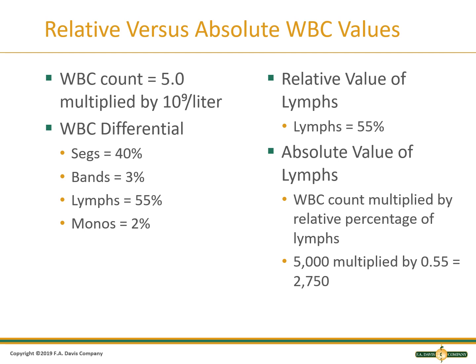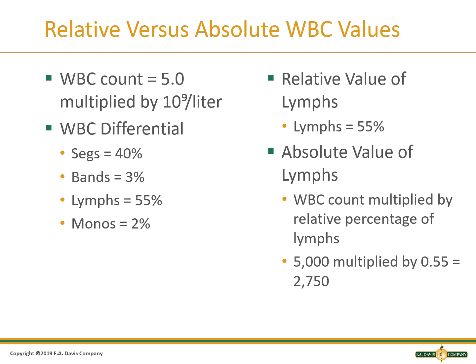For instance, if the white blood cell count is 5.0 multiplied by 10 to the 9th per liter, and you have a white blood cell differential of 40% segs, 3% bands, 55% lymphs, and 2% monos. So your lymphs are at 55%, but to determine the absolute value of the lymphs, the white blood cell count is multiplied by the relative percentage of the lymphs.